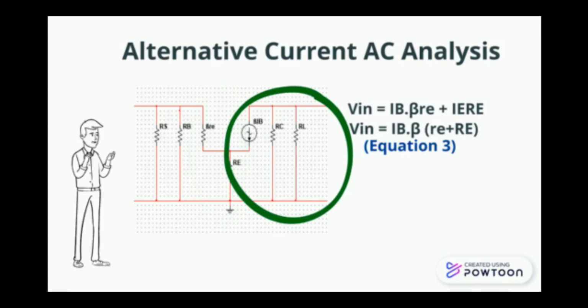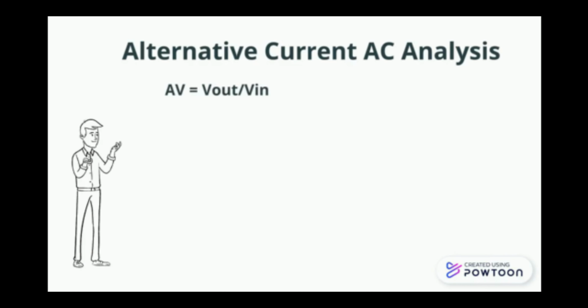Okay, let's find our Vout. As we can see at the right side, the RC and RL resistors are parallel with each other and parallel with the current beta IB. And by using Ohm's law, we can get our Vout as equation 4. Now we know that the gain AV is Vout divided by Vin.